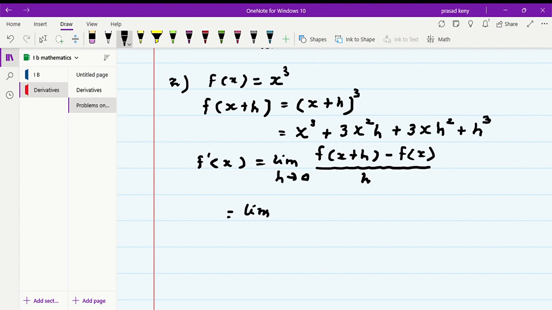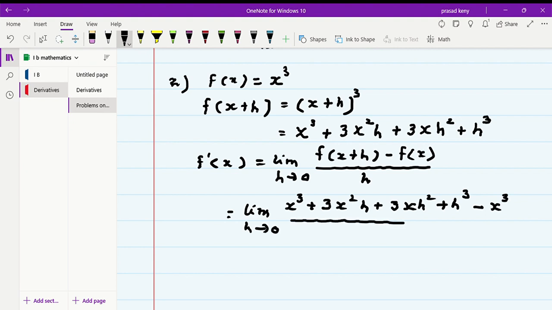Limit as h tends to 0, f of x plus h is x cube plus 3x square h plus 3x h square plus h cube, minus f(x), that is x cube, divided by h.